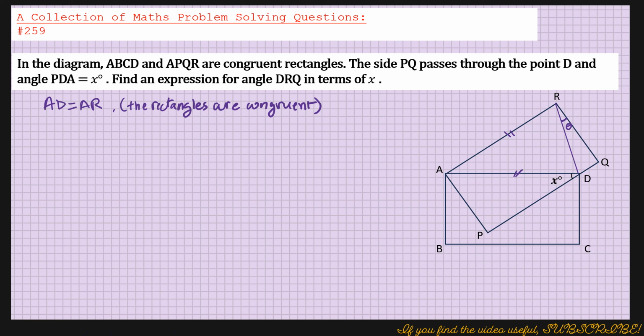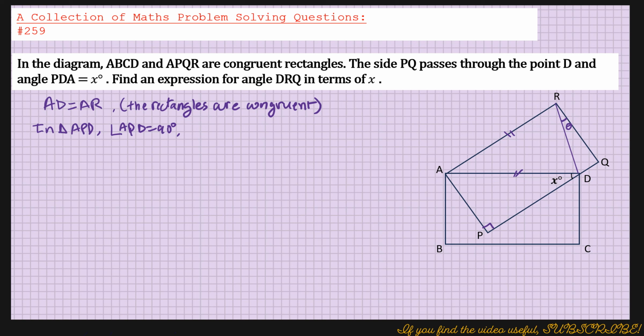And the next thing is in triangle APD. We look at triangle APD, that is this triangle. In APD, angle APD is 90 degrees because P is the vertex of the rectangle.